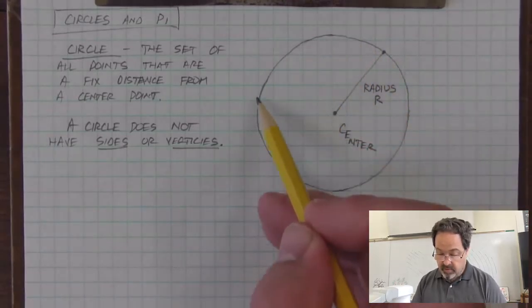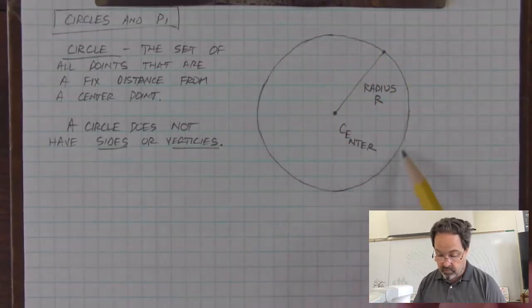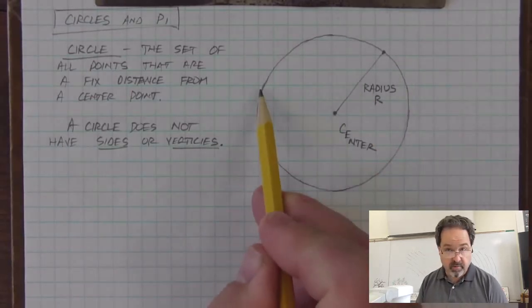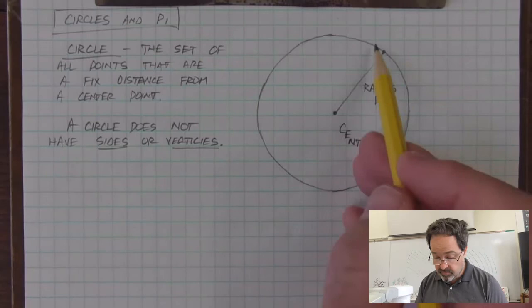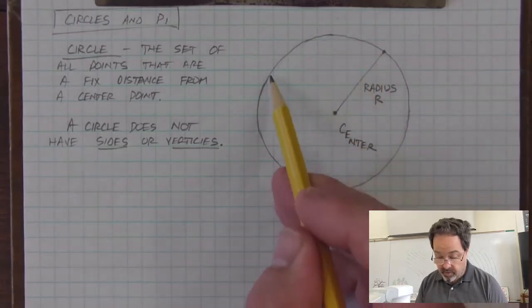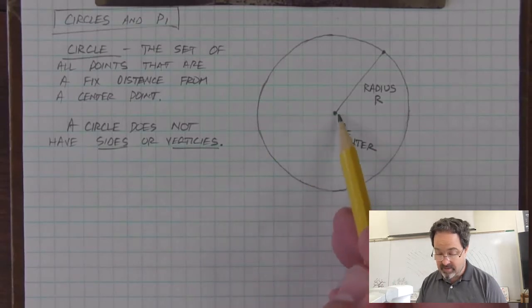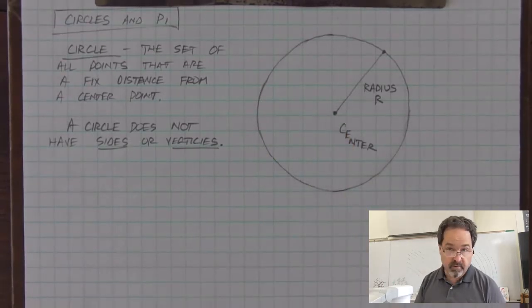Any point along this circle will be the same radius distance from the center. So we can think of the circle as all the possible locations that are that radius distance from the center point.